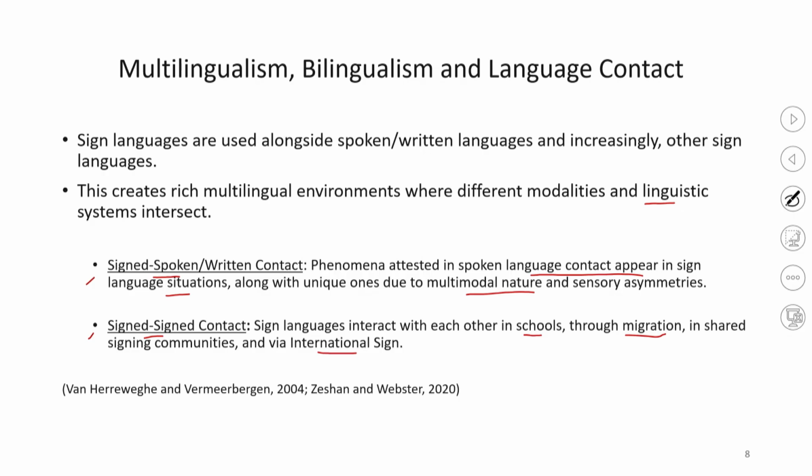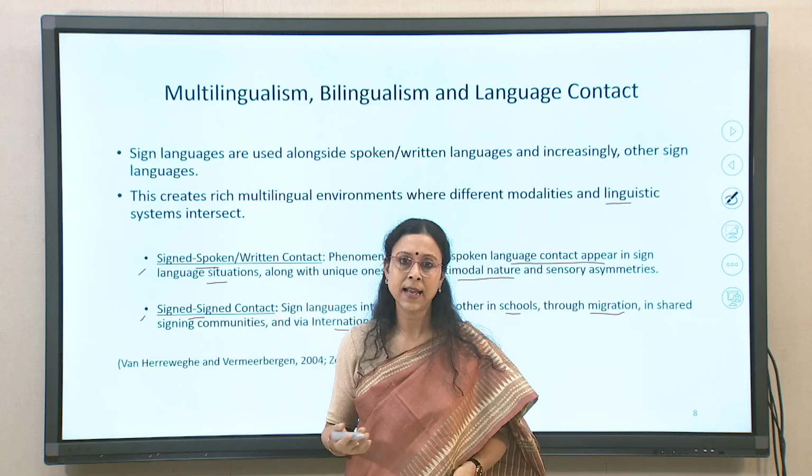Because as you see, the sign language community also is a rich community with multiple different types of varieties, national varieties, and also they have international sign. So, groups coming in close contact, it is possible to lead to bilingualism in two different signs also, not just sign plus written, sign plus spoken, but signed and signed.